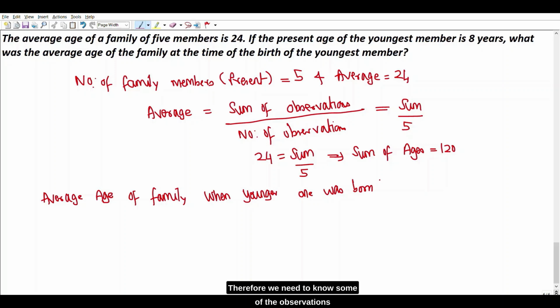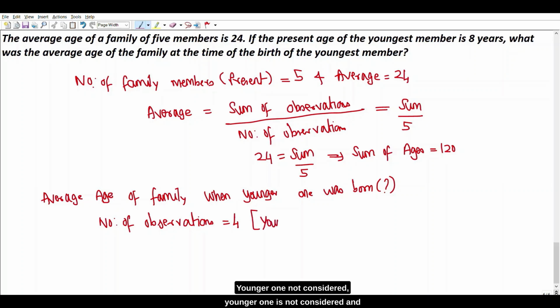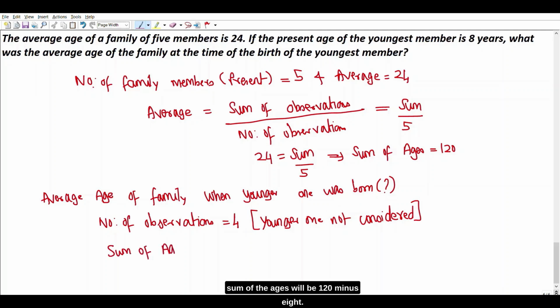Therefore, we need to know the sum of the observations and the number of observations at the time of younger one's birth. So, when the younger one was born, number of observations will reduce to 4, younger one not considered, and sum of the ages will be 120 minus 8.